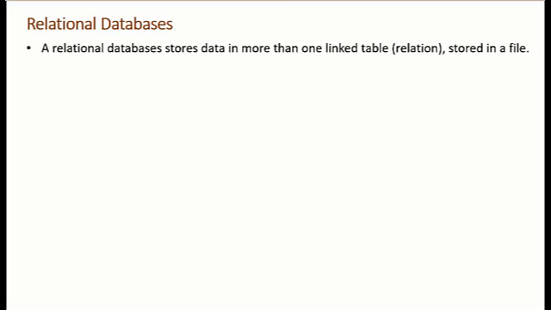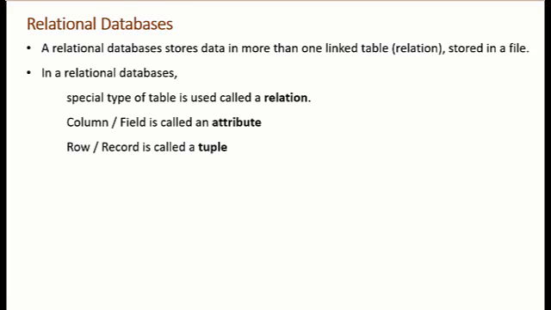In a relational database, a special type of table is used to store the data, and that special type of table is called a relation. Columns or fields in a relational database are called attributes, and a row or record in a relational database is called a tuple.